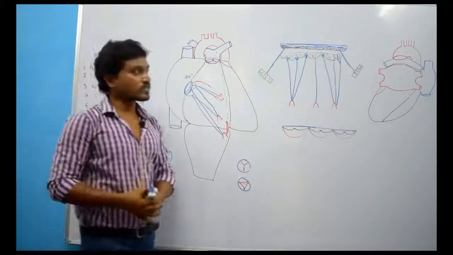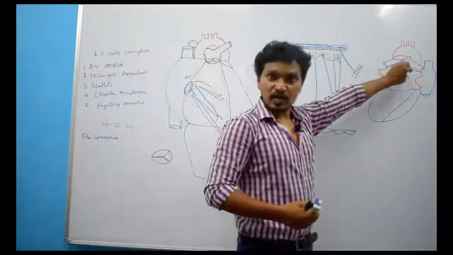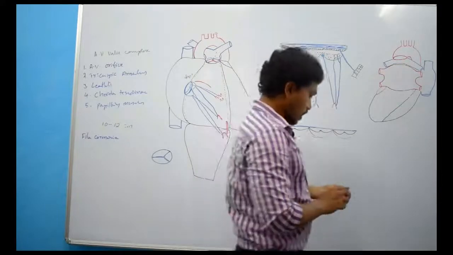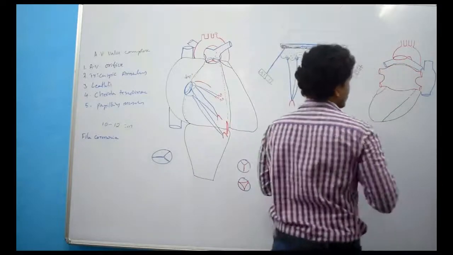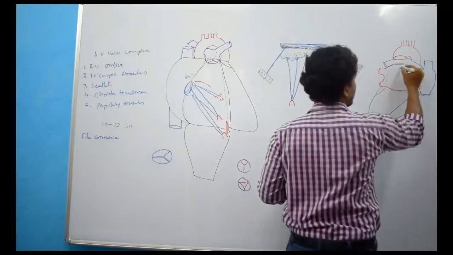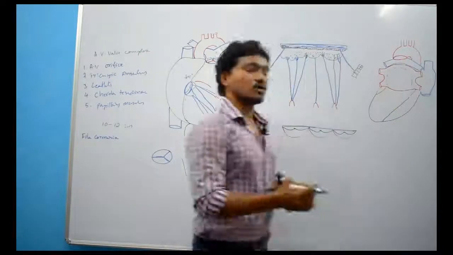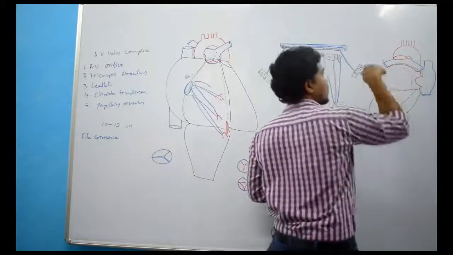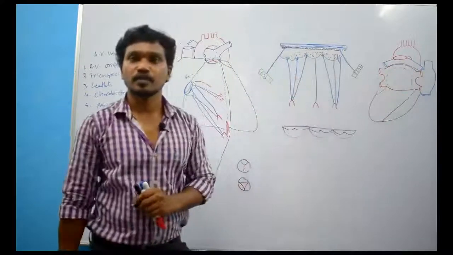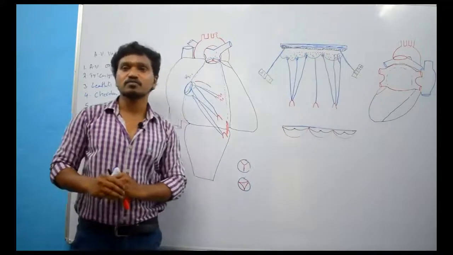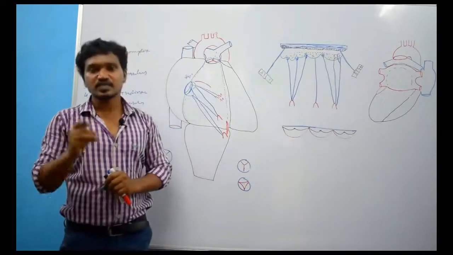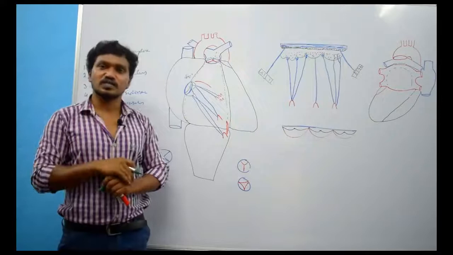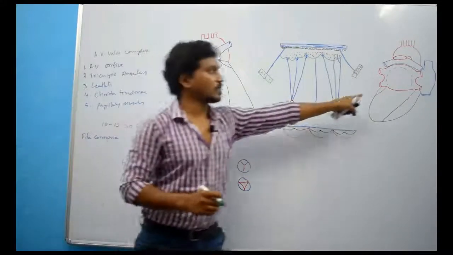If you want to see the interior of the left atrium, we have to make an incision like this, an inverted U shape, so that you can reflect this part down and you can see the interior. If you observe the interior of the left atrium, it is smooth throughout except the auricle.